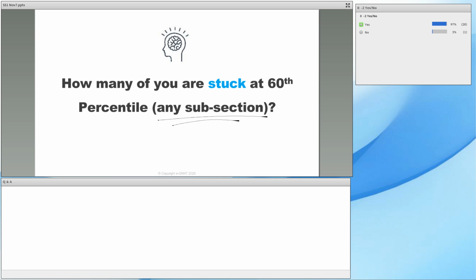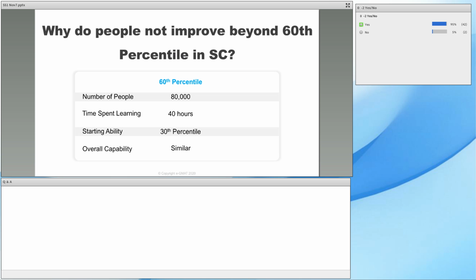If you're not stuck at the 60th percentile level in any subsection, then say no. Don't be afraid to be the only one. If you're stuck at it, don't be afraid to accept. Either way, no one's judging you over here. We are here to help you get to that high GMAT score. In fact, people who are attending are also here to help you get to that high GMAT score. A few more responses, guys. 140 students here.